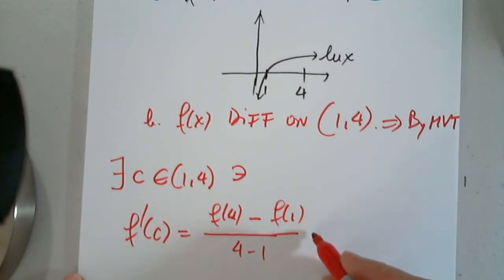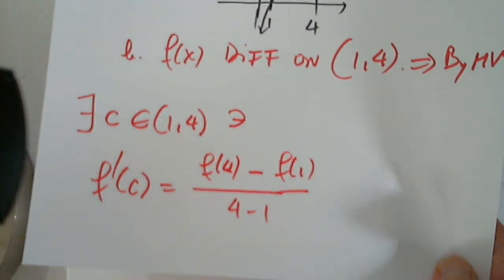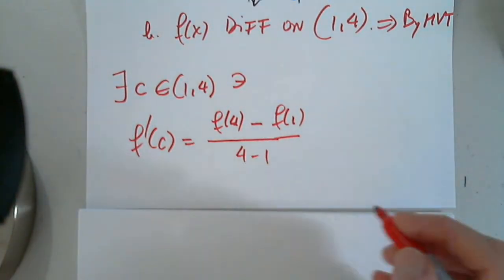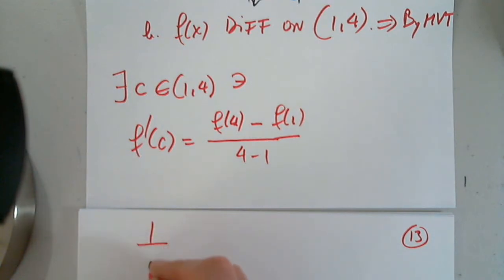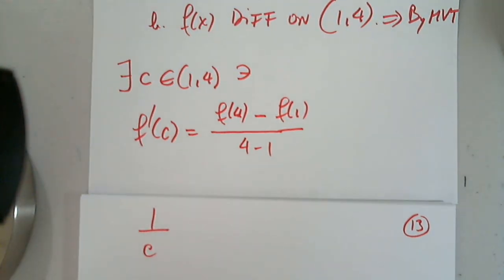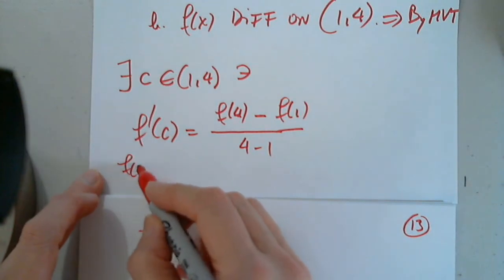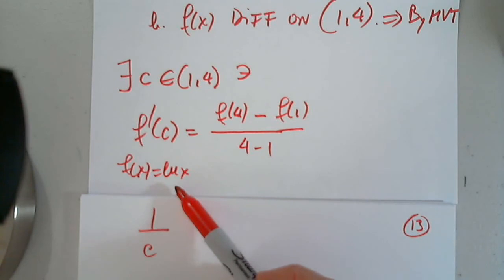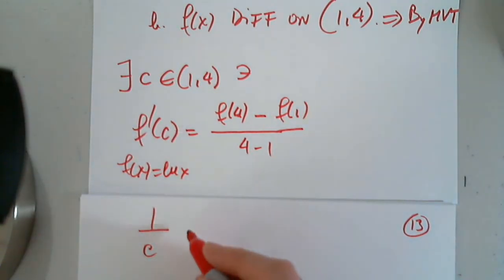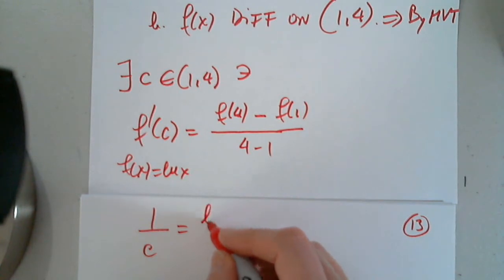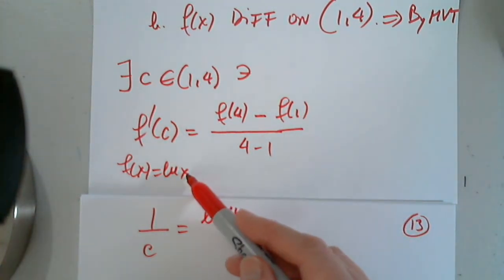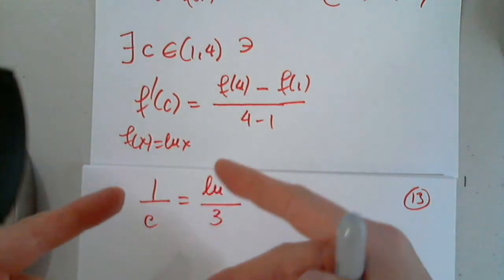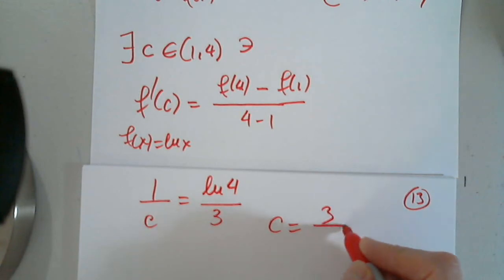I'm not going to write here because this is an equation. So f prime of c is 1 over c, because f of x is natural log, so f prime is 1 over x. So 1 over c equals natural log 4, since f of 1 is 0, over 4 minus 1, which is 3. I flip both, so c equals 3 over natural log 4.